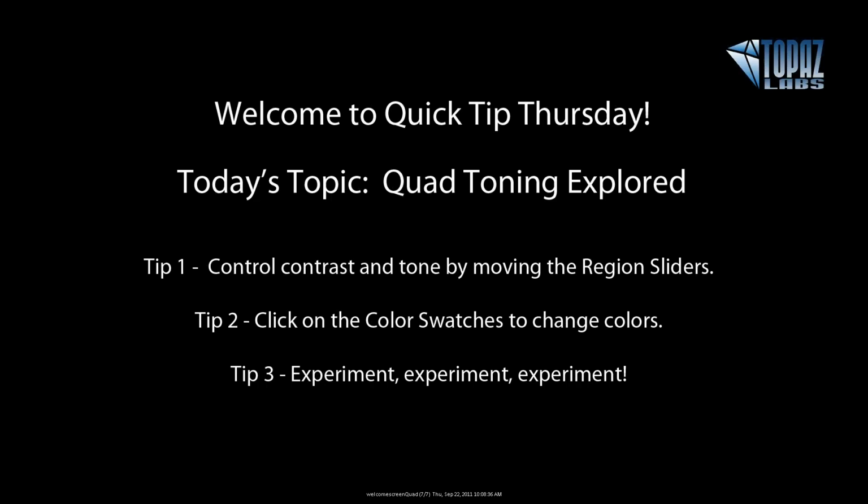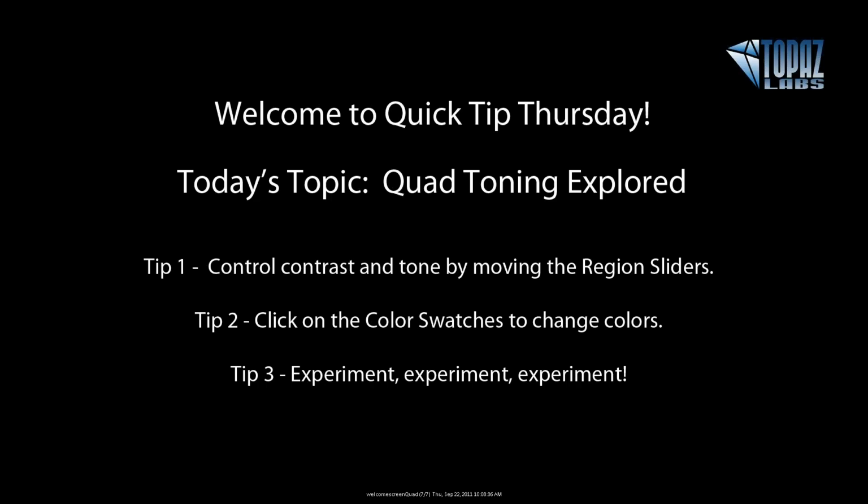They start to muddy up the shadows, or your highlights start to clip. So if you like the tone but it's just not working for that particular image, it's very easy to go into the tool and just move those region sliders around to get exactly what you're looking for, to handle the highlights and lowlights properly.